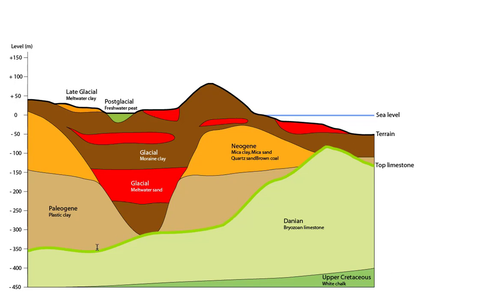And it is falling down to minus 350 meters below sea level here. So in this place, we will have more than 400 meters from terrain to the top of limestone.